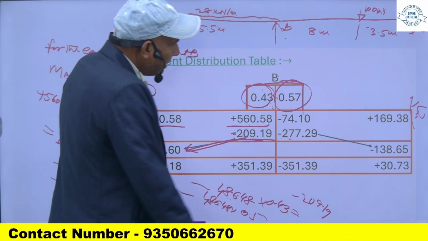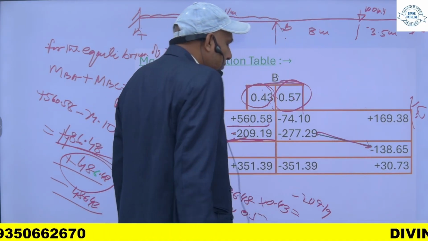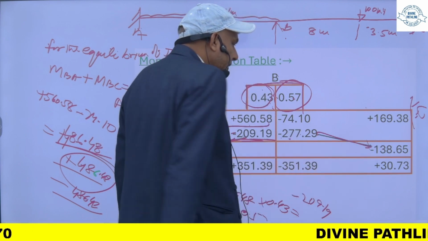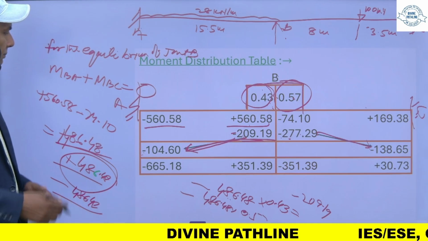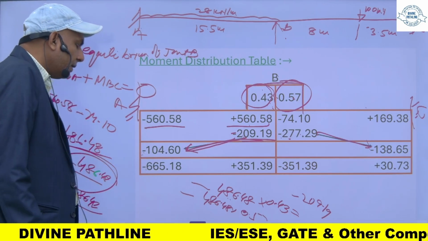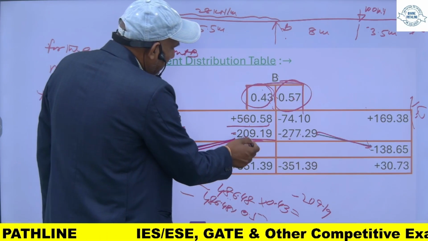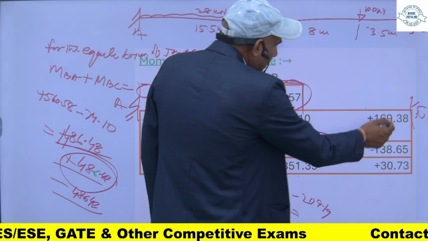Similarly, this end is fixed, so half of this will come here, which is minus 138.65. Now the sum of this plus this is minus 665.88, and this plus this, you will get this one.